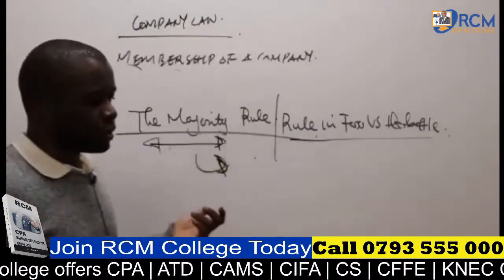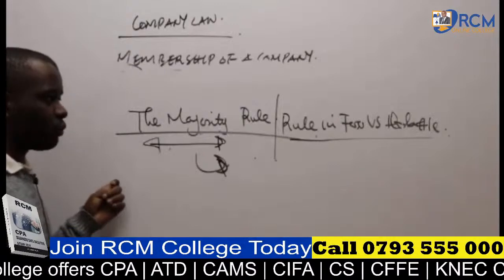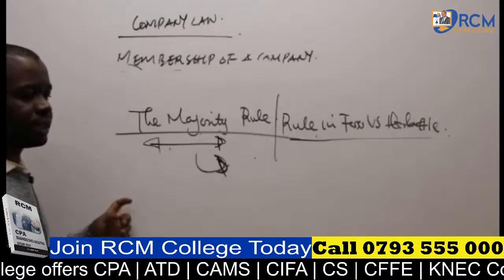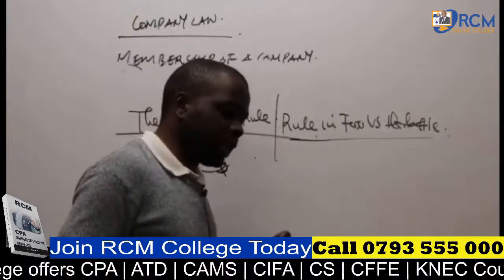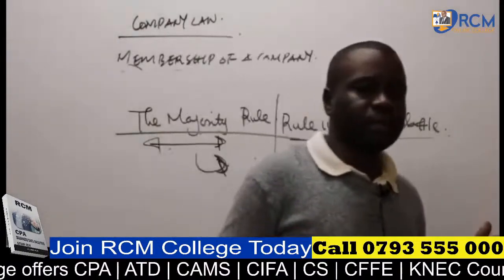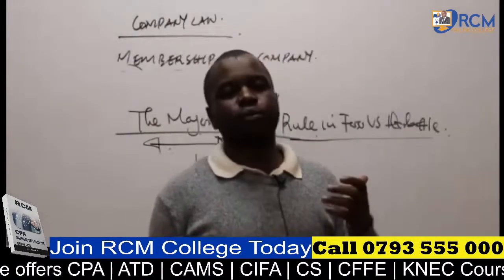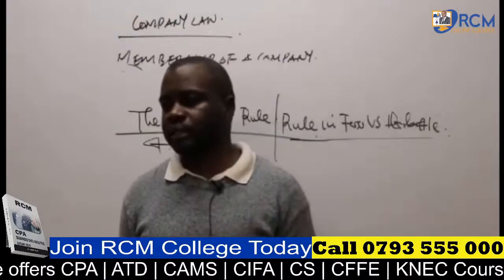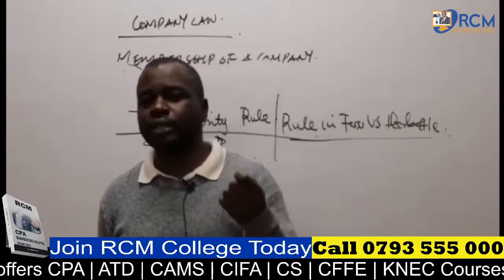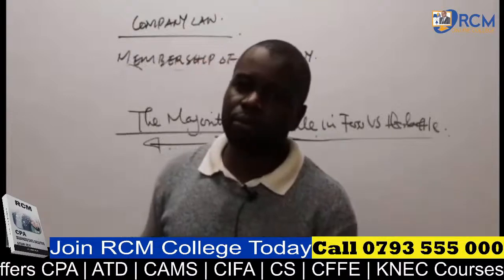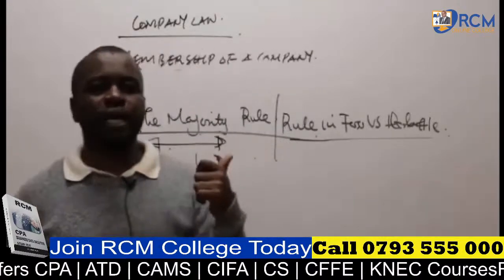You can see one of the advantages of this case law, the majority rule. Number one, it recognizes the principle of separate legal entity, that a company will always be a separate entity from the owners. Therefore, it can take its case to court on its own. A member will not bring that action on behalf of the company.